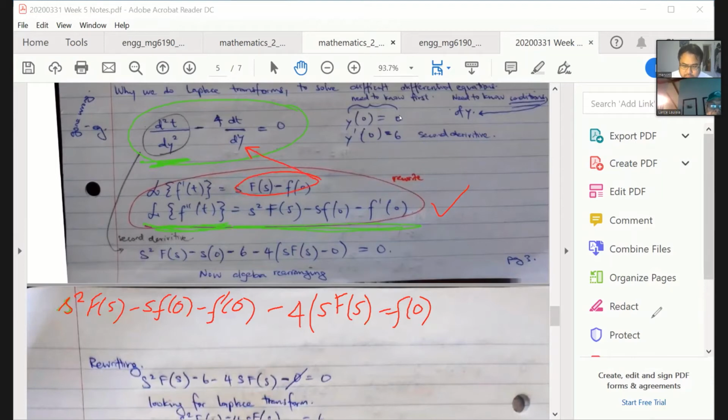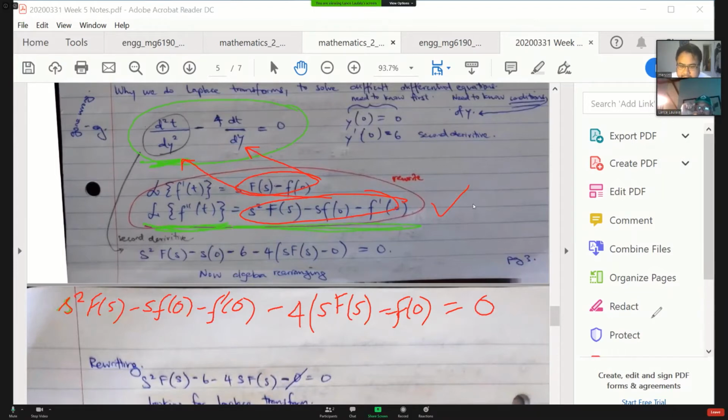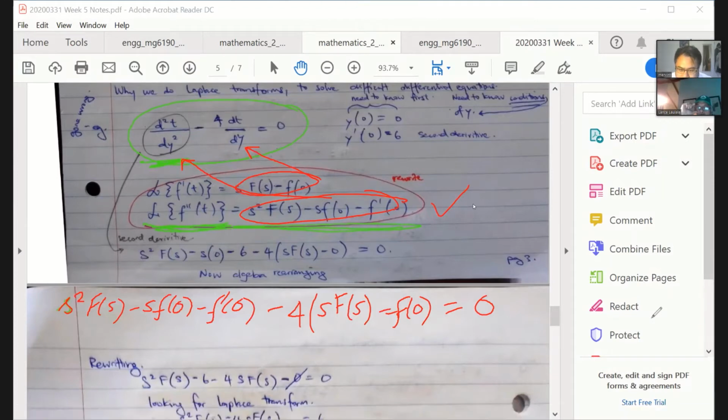The Laplace of the second derivative is this. This is the Laplace transform of the differential equation. That makes sense? I'm just processing that. I haven't gone up to your stage here. That's the step before this step in your notes.